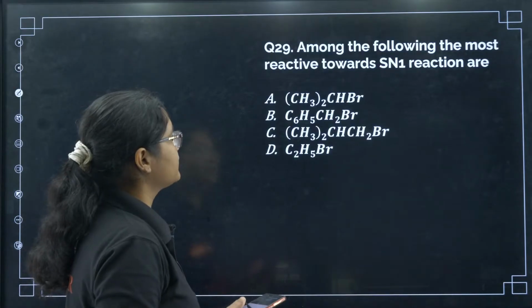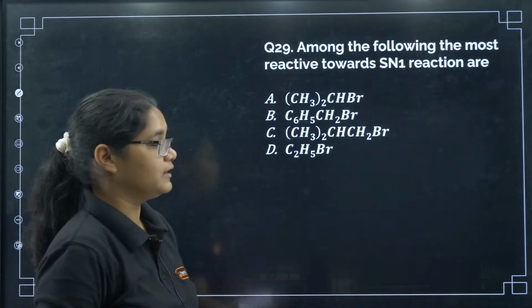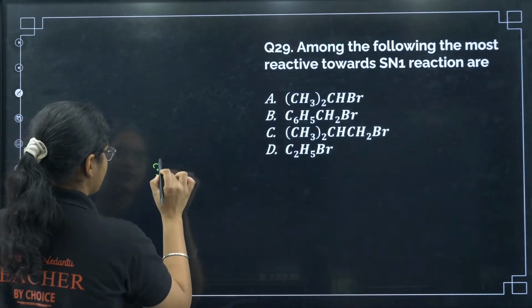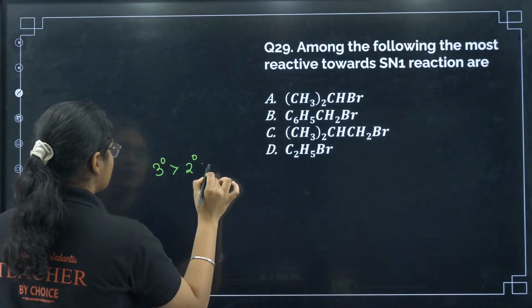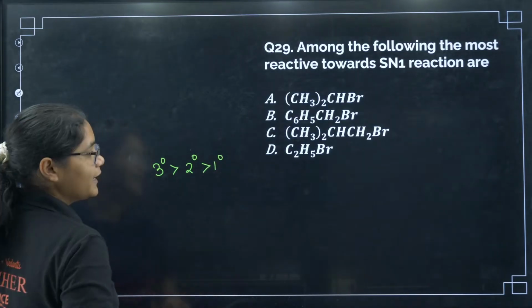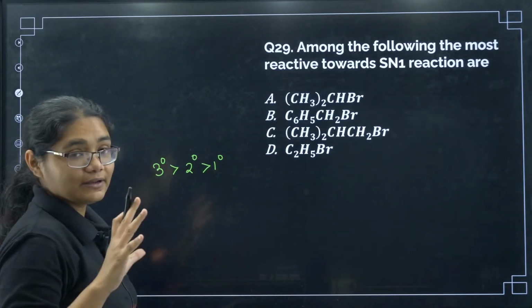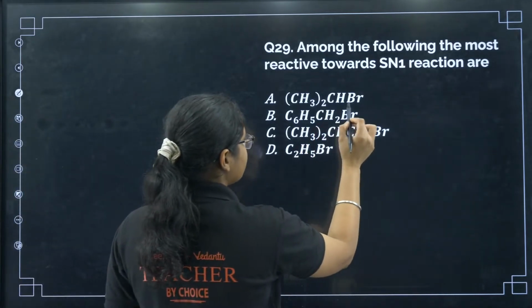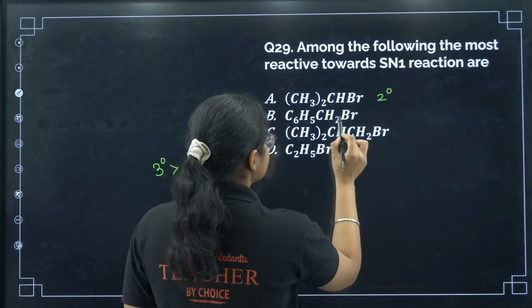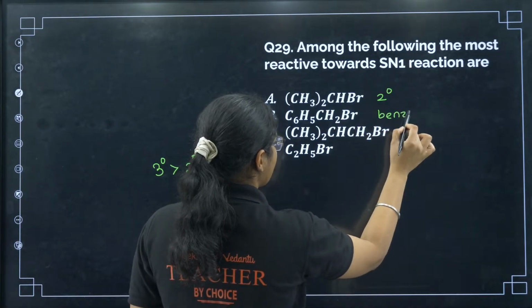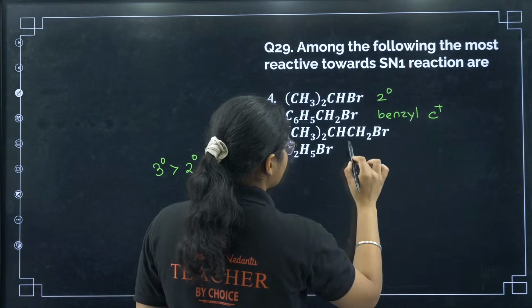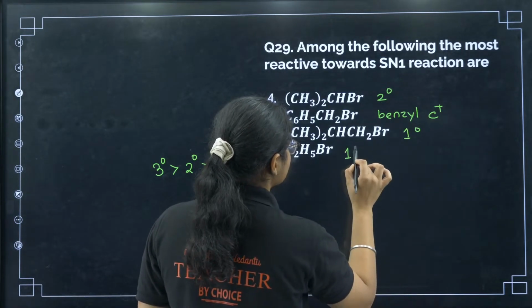Next, among the following, the most reactive towards SN1 reaction. So we know the order of SN1 reaction: 3 degree, 2 degree and 1 degree, right? Basically it is the stability of the carbocation. Here I have a secondary, this is a benzyl carbocation, this is primary and this is also primary.